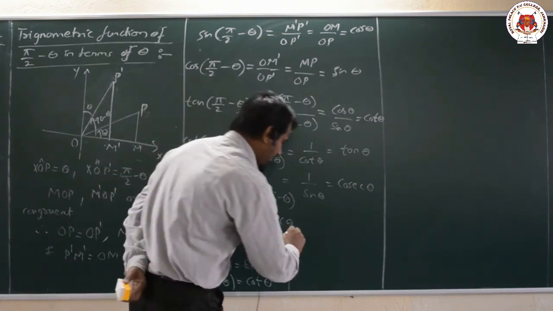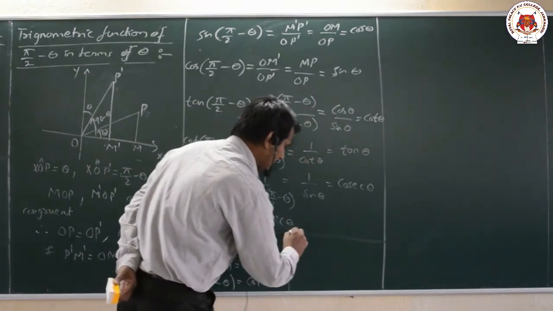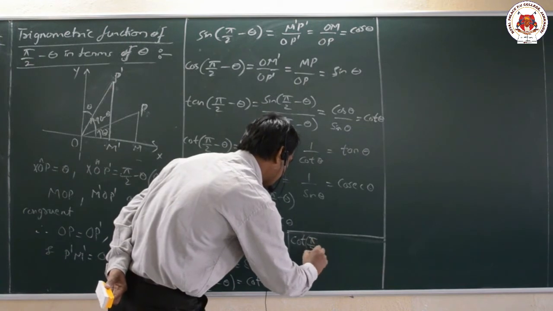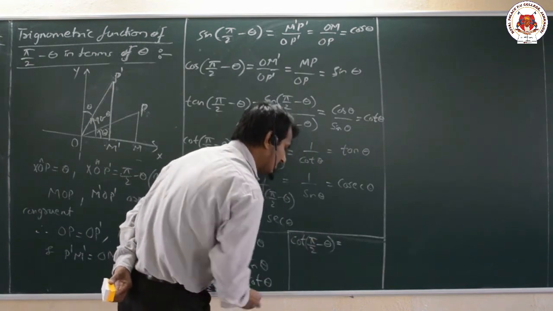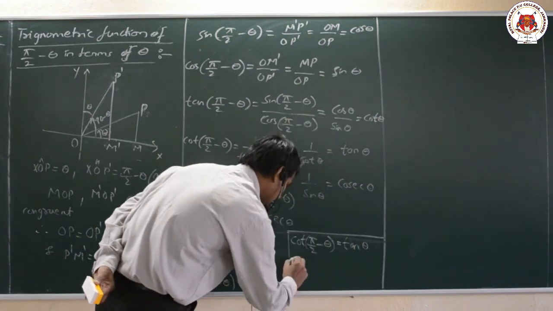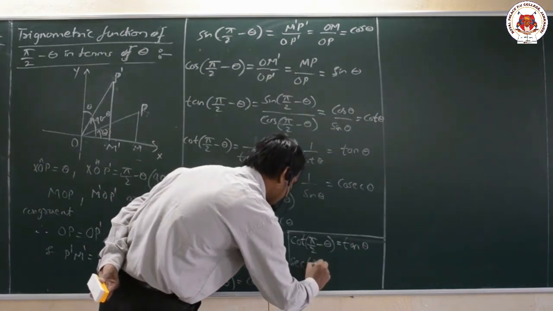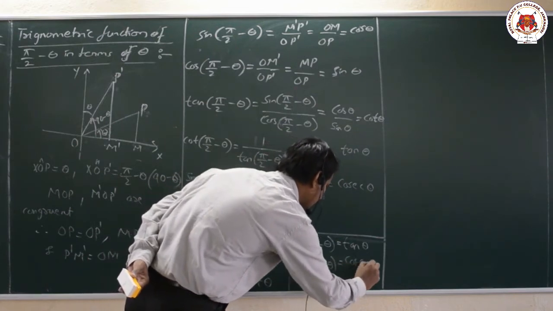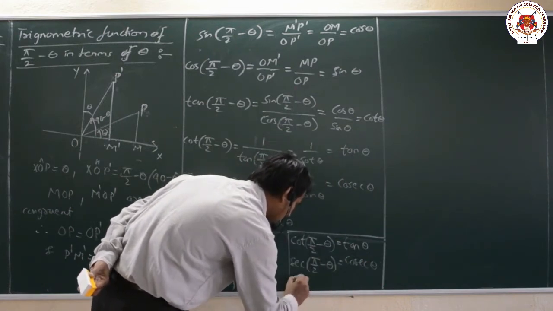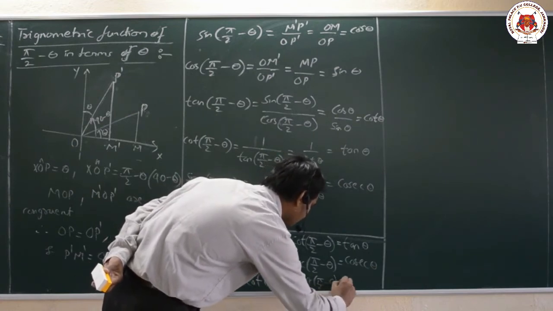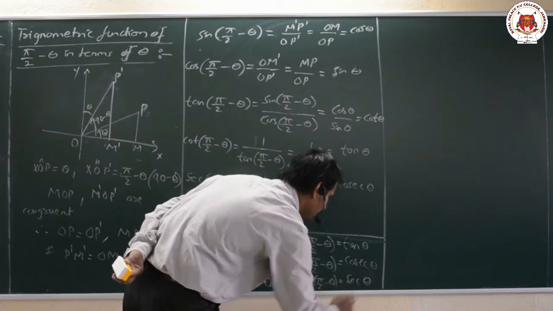Then the last ones: cot of pi by 2 minus theta is tan theta. Secant of pi by 2 minus theta, the value will be cosecant theta, and cosecant of pi by 2 minus theta, the value will be secant theta here.